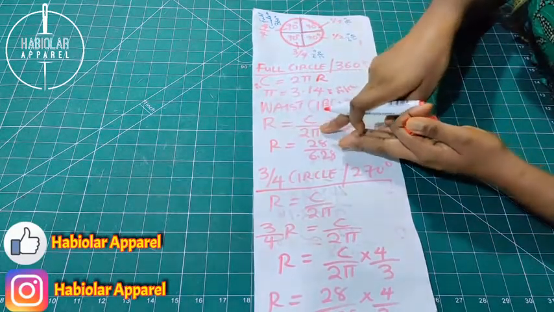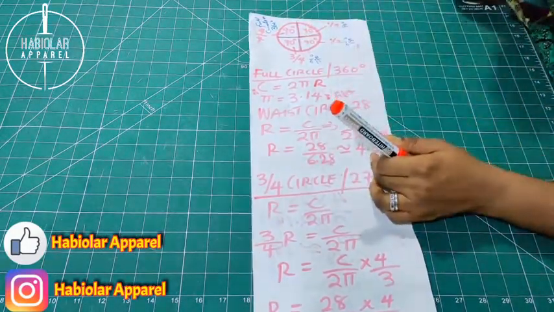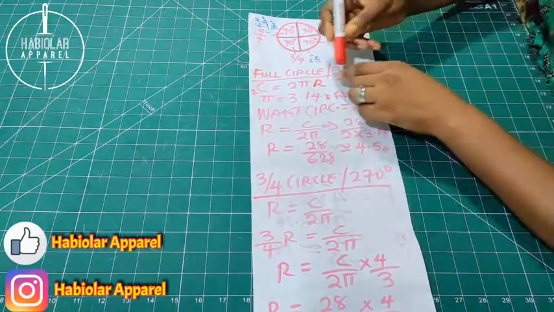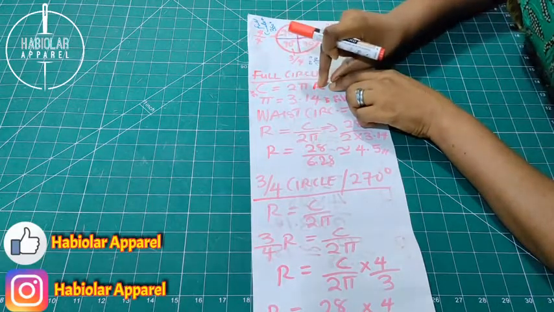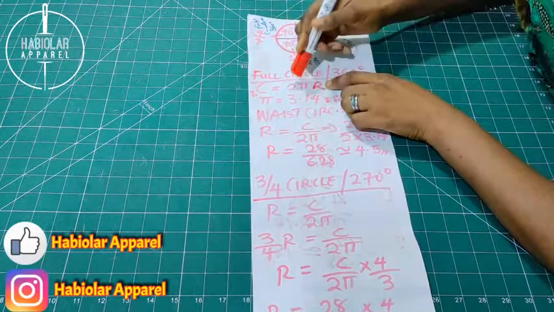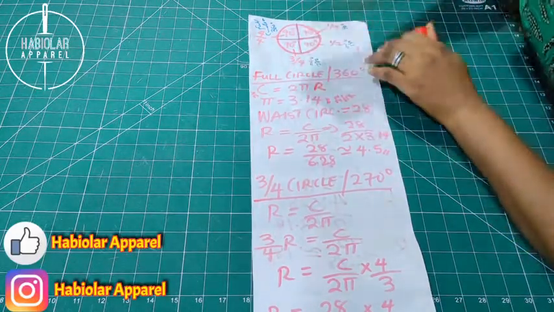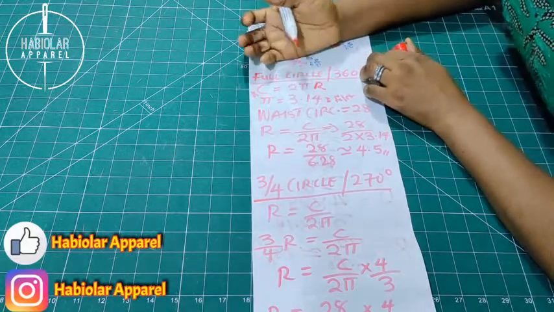How do I arrive at r is equal to C over 2 pi? This will take us to the subject of the formula in mathematics. This is the unknown, and we know this. So we make this one the subject of the formula. For this one to stand alone, you have to eradicate this. That means you divide both sides by 2 pi. I'm taking us to mathematics now.